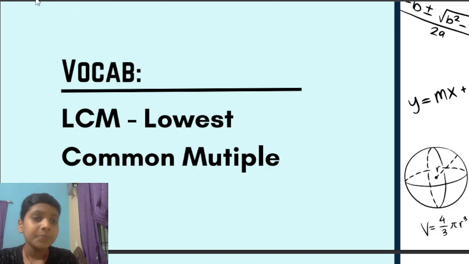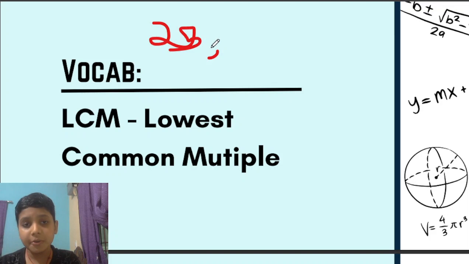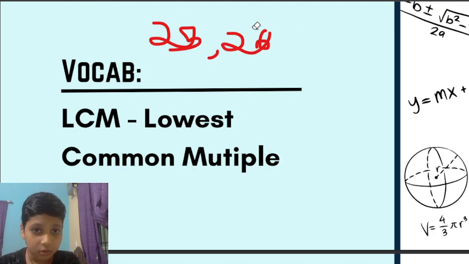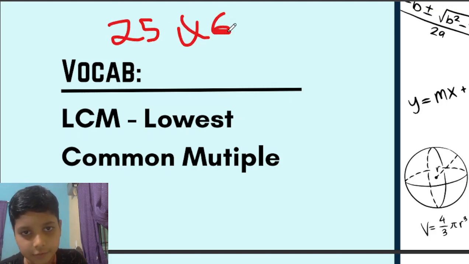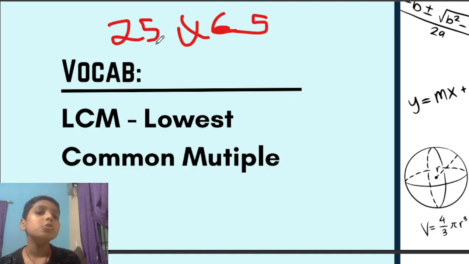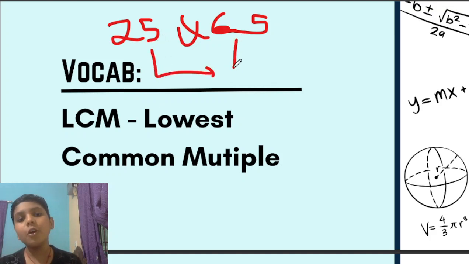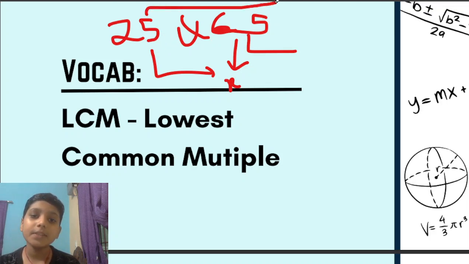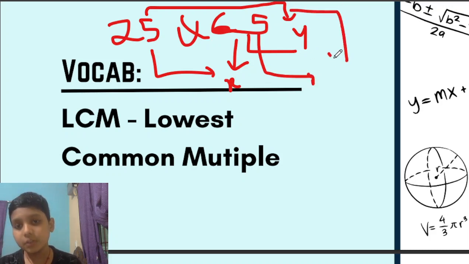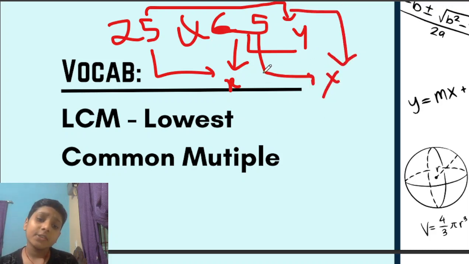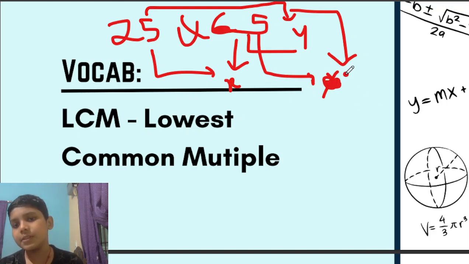But now we have to find what LCM means, the lowest common multiple. Suppose we take the same numbers, 25 and 65. First of all we found a common multiple which was x. Then we find some other multiples as well, like y, and some others, like z.